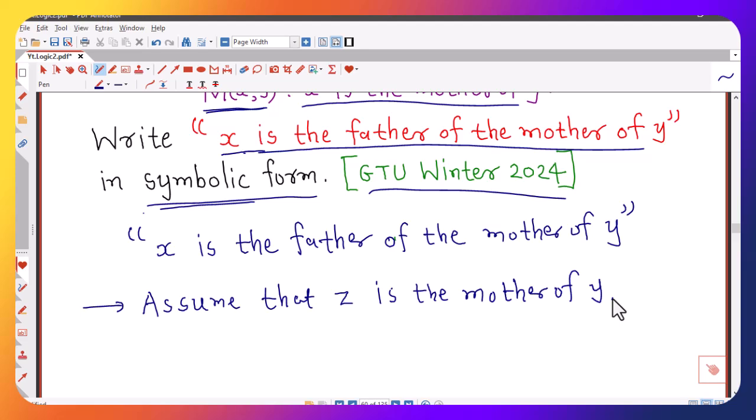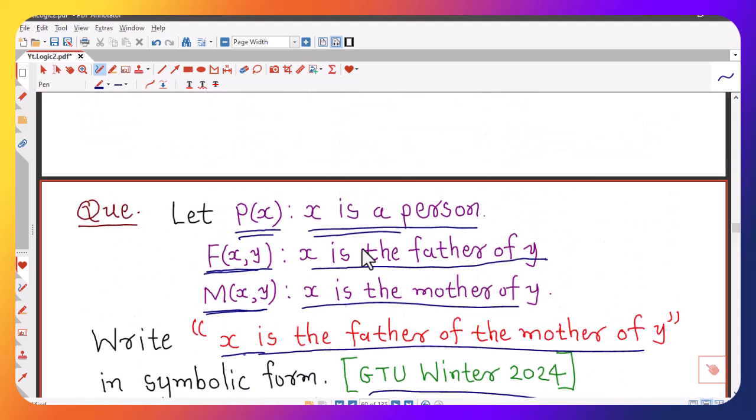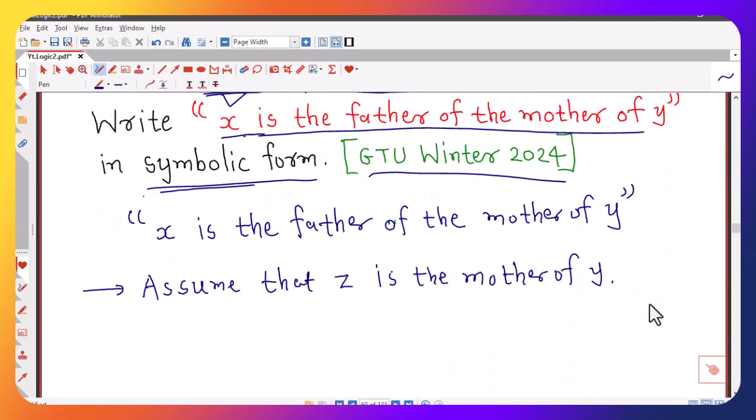If x is the mother of y, we are using the notation M(x,y). So if z is the mother of y, then it will be denoted by M(z,y). So we can write this as M(z,y).